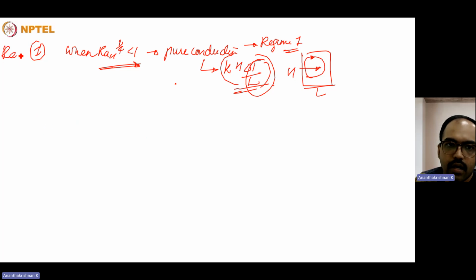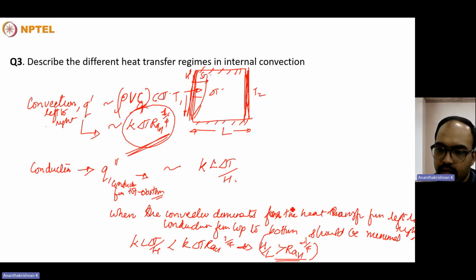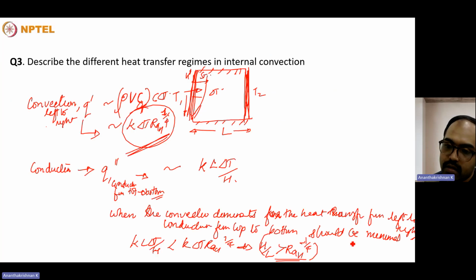Then regime 2 is called the tall enclosure limit. That means that H is very much greater than L. When H is very much greater than L, Rayleigh number will be very much less than 1.